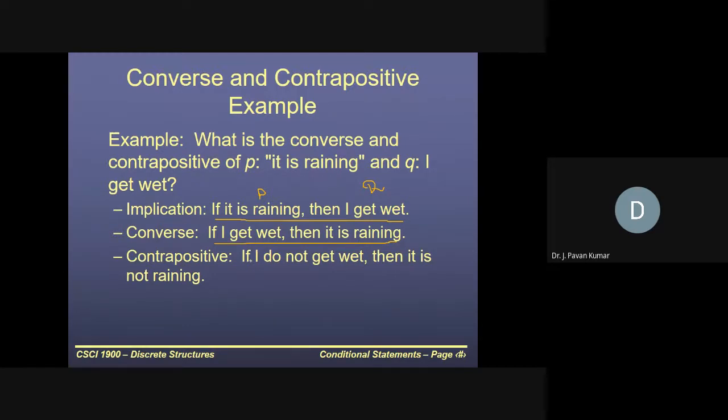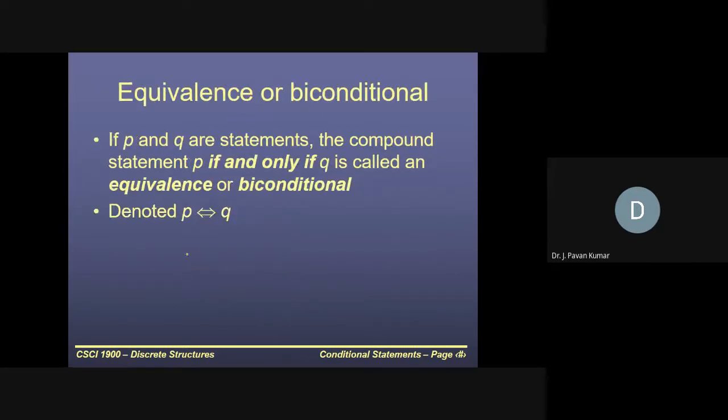Next, what is the contrapositive? If negation Q, what is negation Q? I don't get wet. So that is negation Q. If I don't get wet, then it is not raining. That is negation P. It is not raining is negation P. Is it clear? So this is about implication, converse, and of course inverse also we can write, then contrapositive.